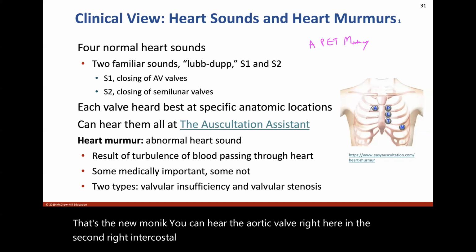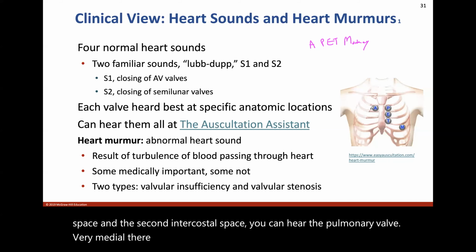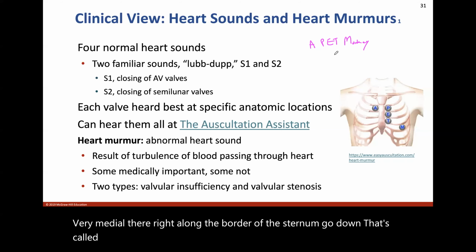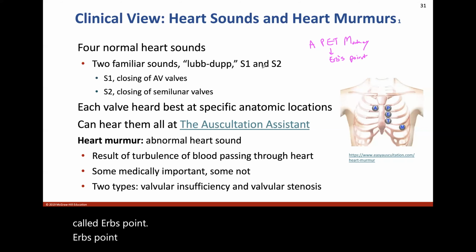If you go right across to the left, in the second intercostal space, you can hear the pulmonary valve, very medial, right along the border of the sternum. Go down, that's called Erb's point. That is the optimal place to hear every single valve, to be honest. It's kind of the sweet spot.